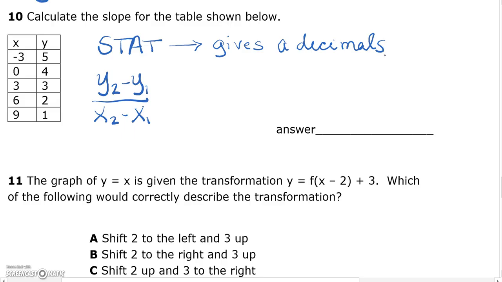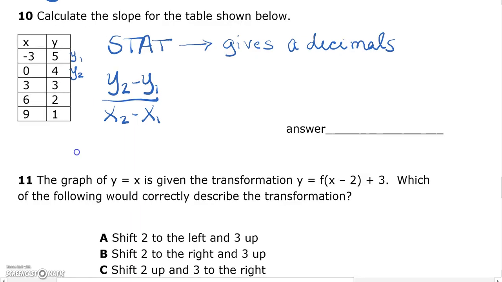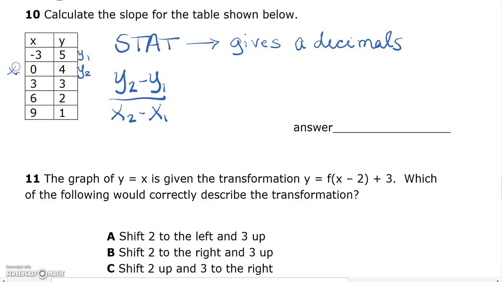So you need to be careful when you use stat for that reason. So if you use the slope formula, you have y2, y1, x2, and x1. So you just plug those numbers into your formula.